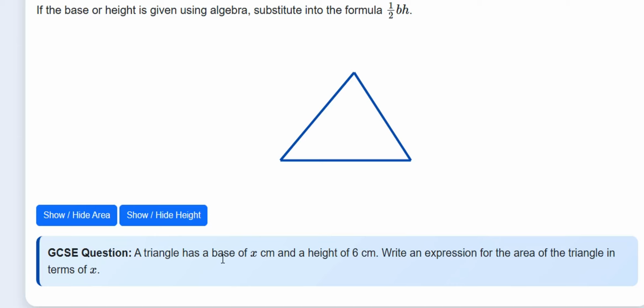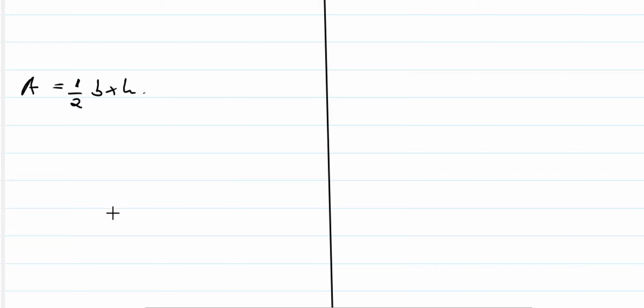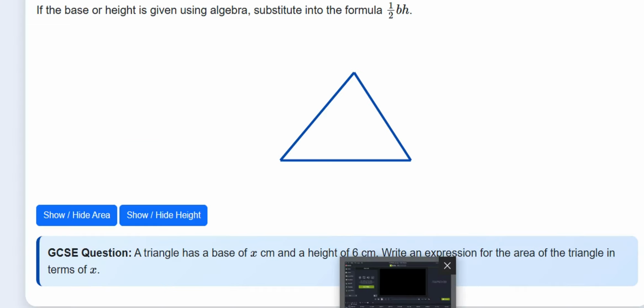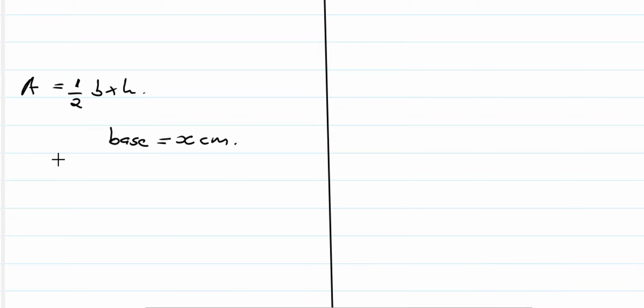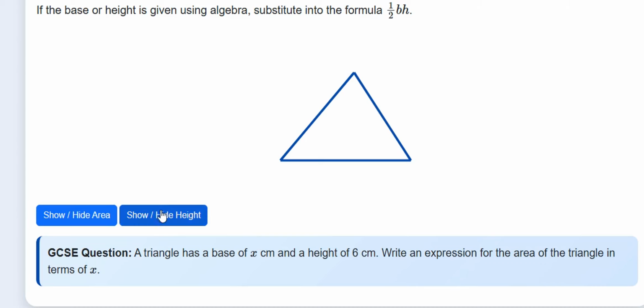But we are told the base is x centimeters, and the height is 6 centimeters. The area we are finding is the region enclosed inside that triangle.